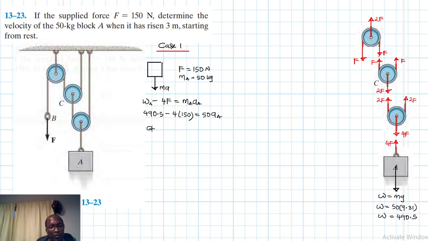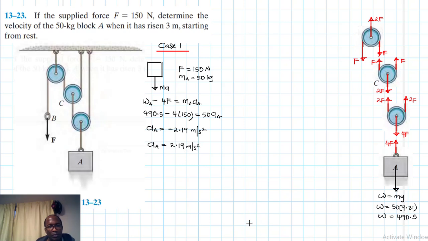Therefore our aA is just going to be equal to 490.5 minus 4 by 150, divided by 50. So we have a negative 2.19. Mind you, we chose the kinetic diagram going down, therefore our acceleration just means it is going up.